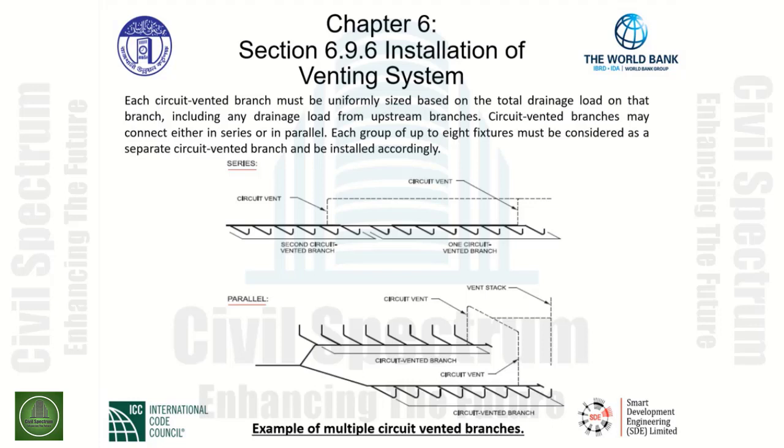In this case, we look at the two circuit vented branches independently. We have 8 water closets, and just like the requirement indicates, we need to connect the circuit vent between the two most upstream fixtures on the circuit vented branch. In both cases, we have a circuit vent, which is our dry vent that rises up vertically and ultimately connects into the vent stack.